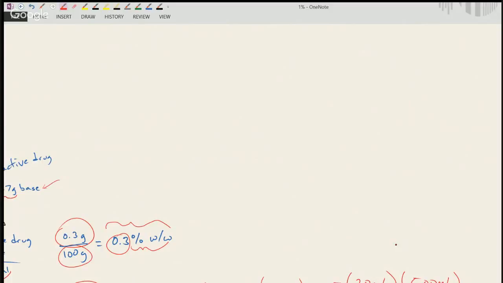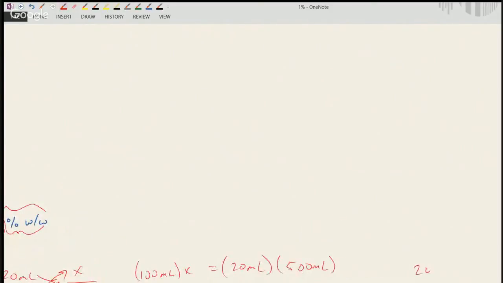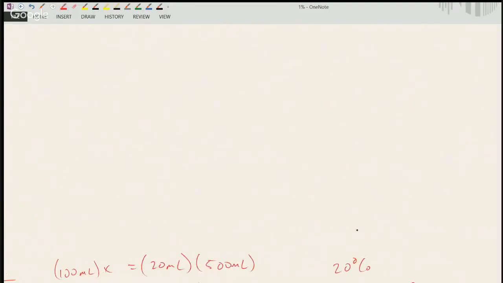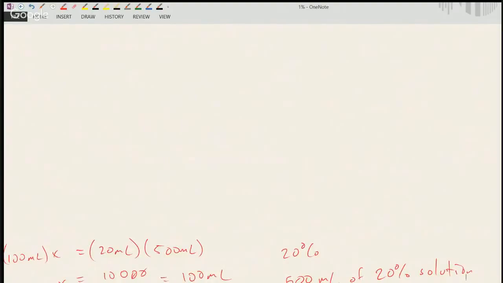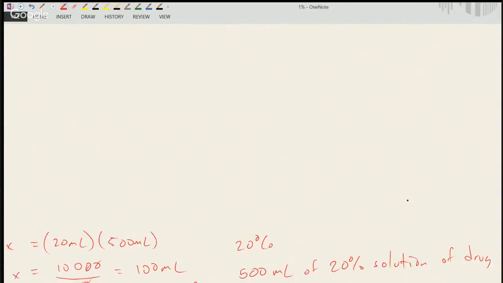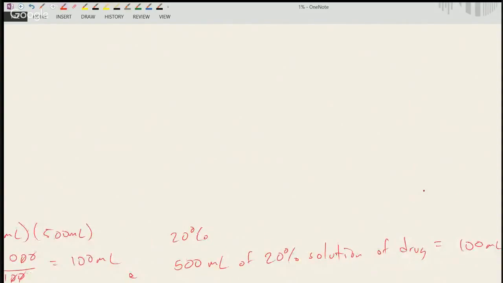Which means that in a 20% solution, if you have 500 mLs of a 20% solution of drug, you have 100 mLs of active ingredient.